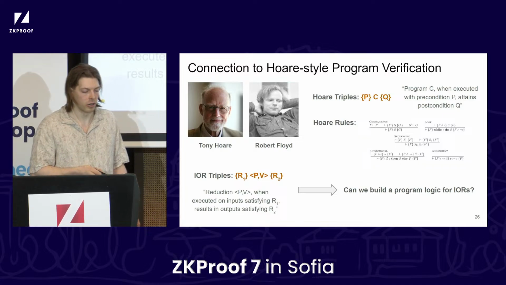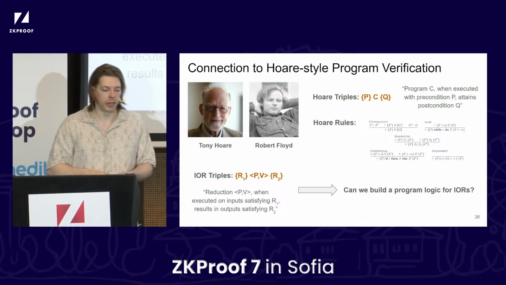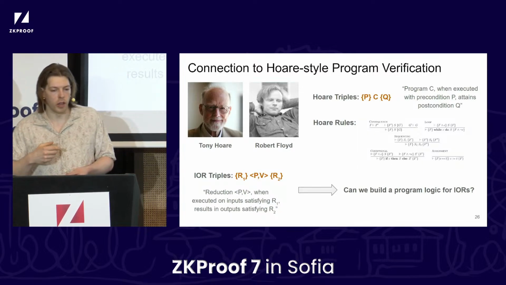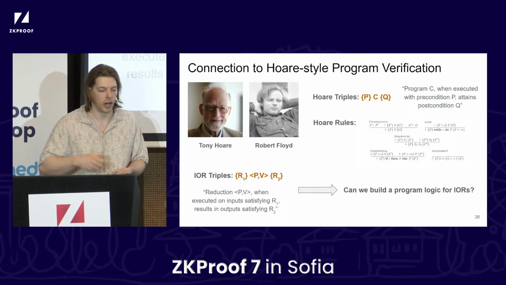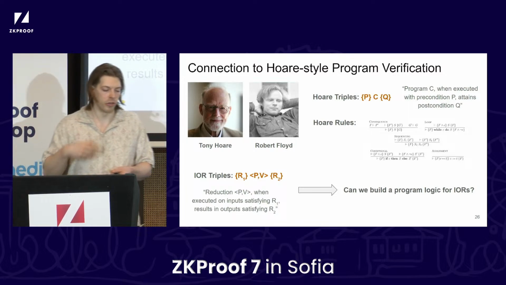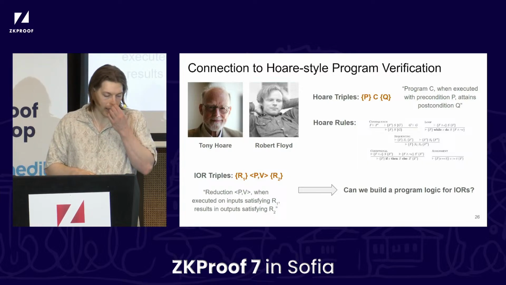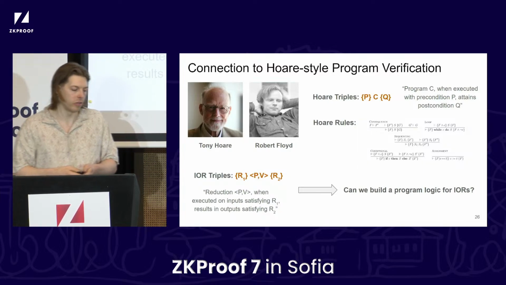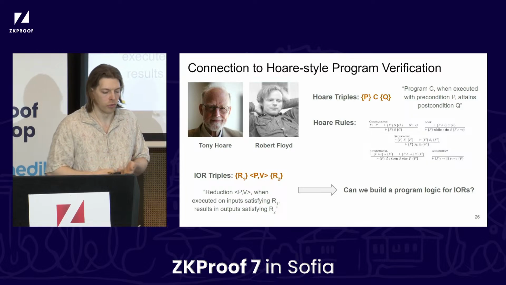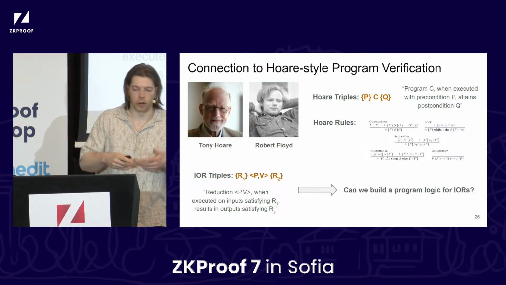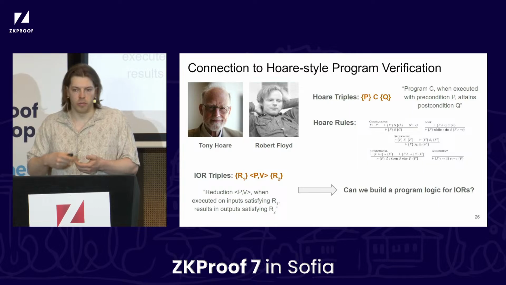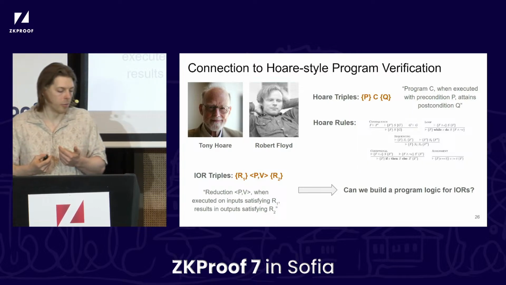And what we're trying to get to here is some connection to Hoare-style program verification. So in Hoare-style program verification, you've got this notion of Hoare triples, where given a program C, you execute it with some precondition P, and you get to some postcondition Q. And this is what a lot of program verification is based on. You get these nice rules to deal with these logics, and we'd like to get something maybe similar in terms of reductions.